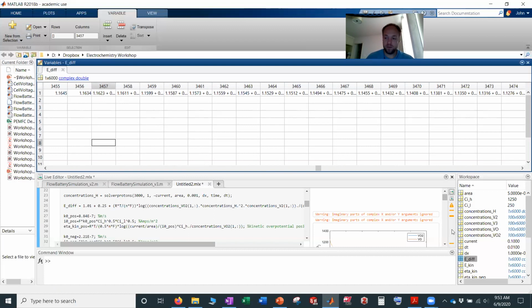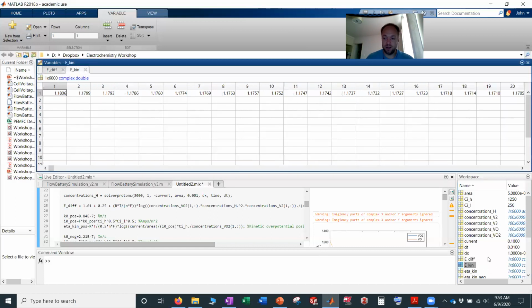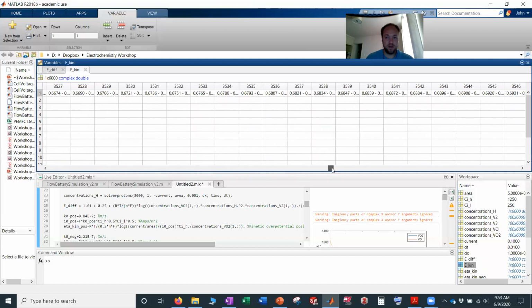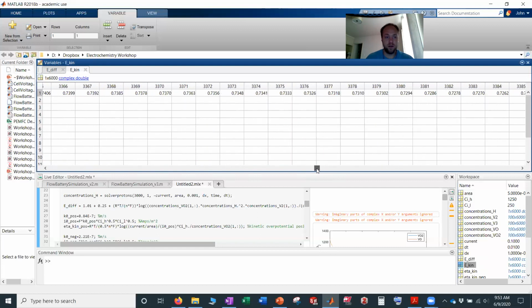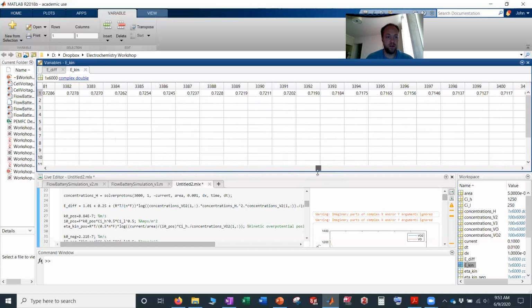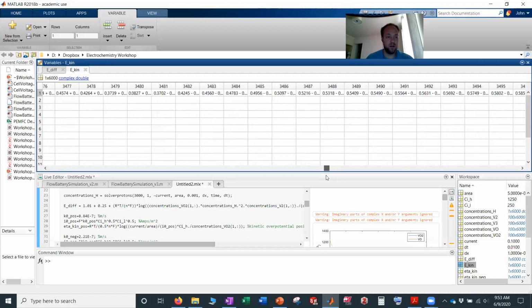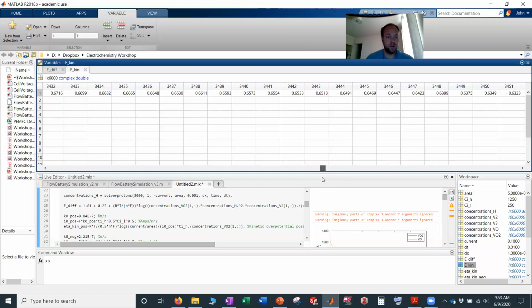So let's see our Ekin. It's roughly the same time, if not a little bit later. Starting to go a little wonky.